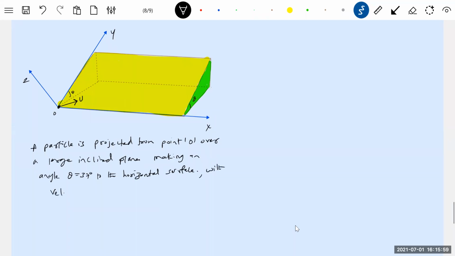With velocity u bar equal to 9 i cap plus 12 j cap meter per second, with the xy plane representing the inclined plane.